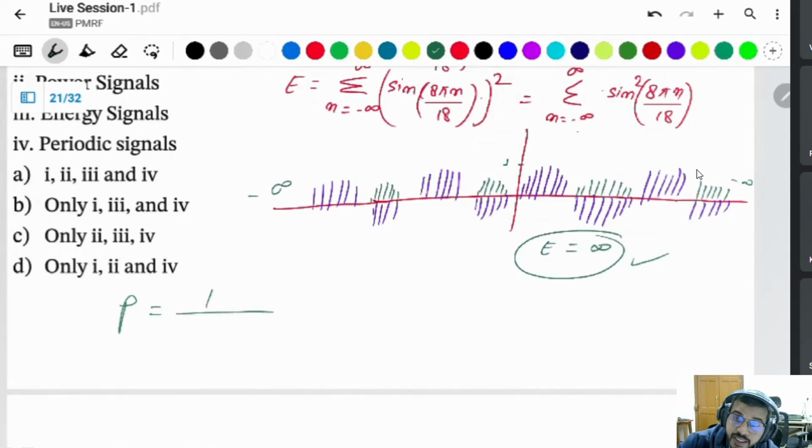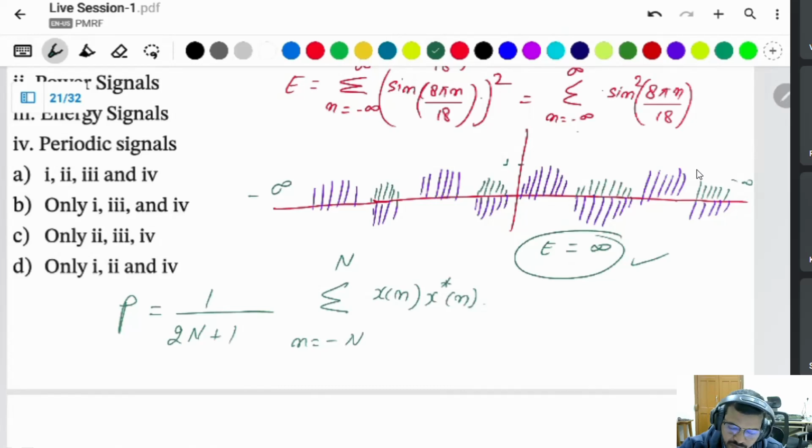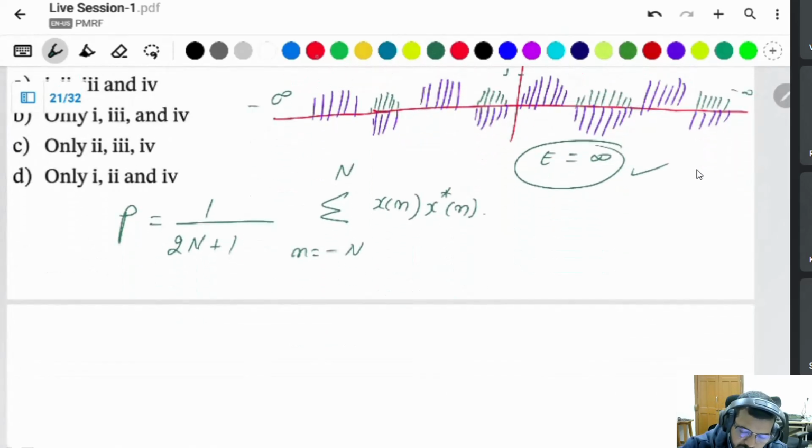the period in discrete time is 2N plus 1. Summation from n equals minus N to N over one time period of x[n] squared. Why is this 2N plus 1? Why is it not 2N only?